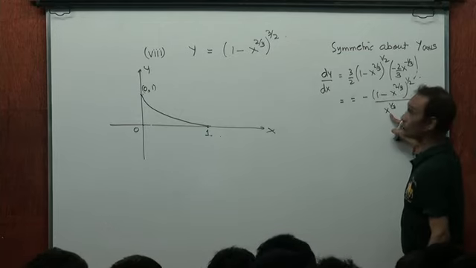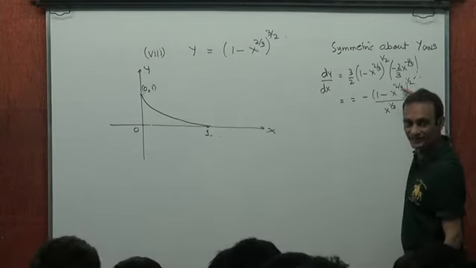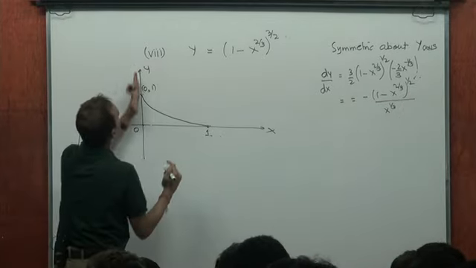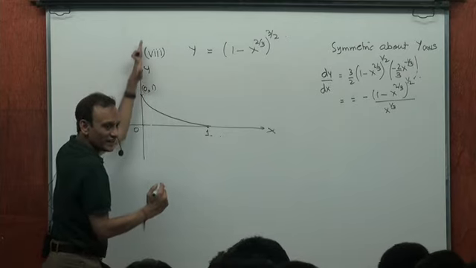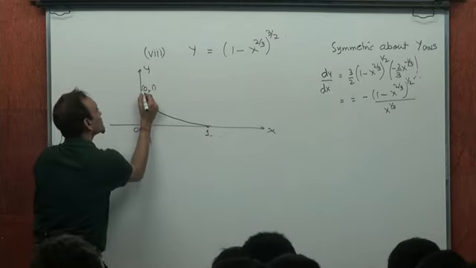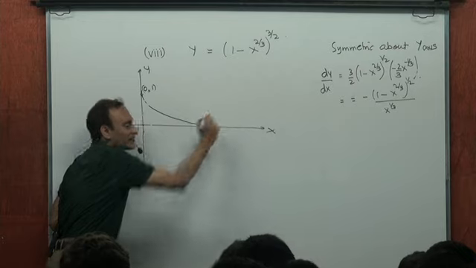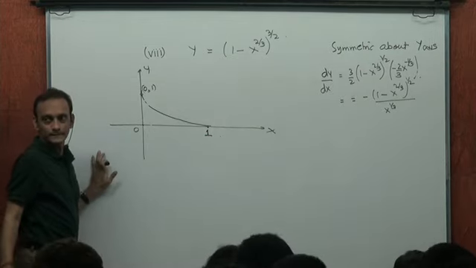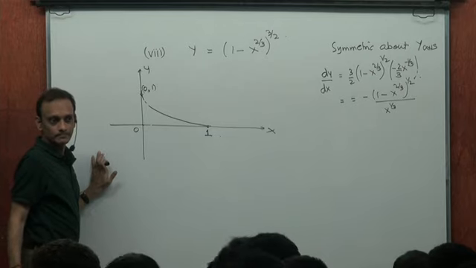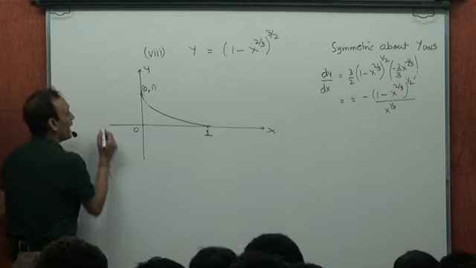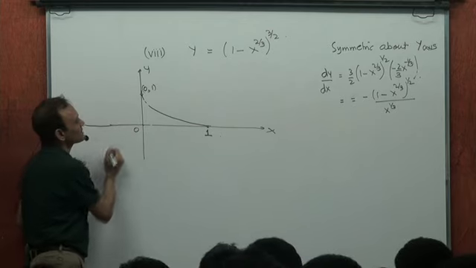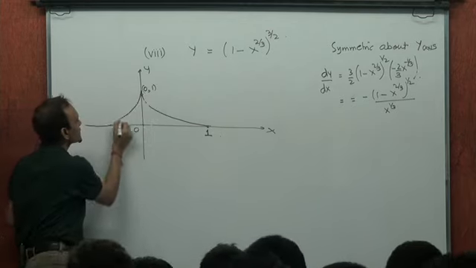As x tends to 0, dy dx tends to infinity. As x tends to 0, dy dx is becoming vertical. And it's symmetric about the y-axis. Why? Because even powers of x. And therefore, you would expect something like this.